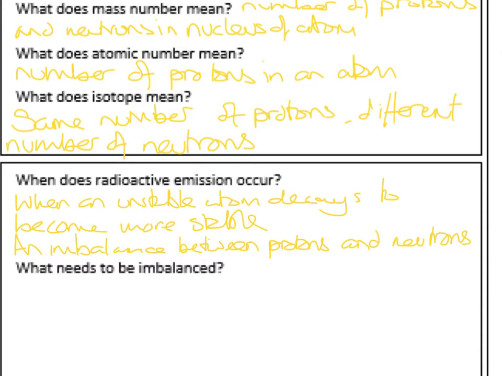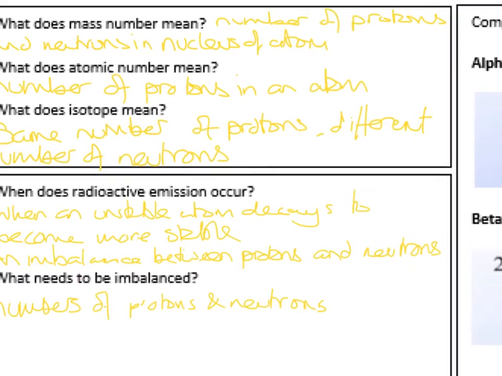Okay, what needs to be unbalanced? Okay, it's about the number of protons and neutrons. Okay, so if you need to write any of that down, press pause and you can get that written down. Okay, it'll also be available at the end of the video.